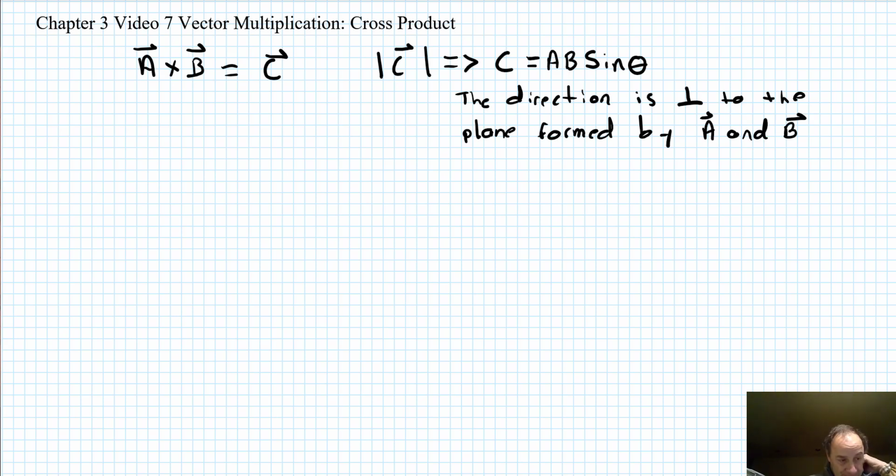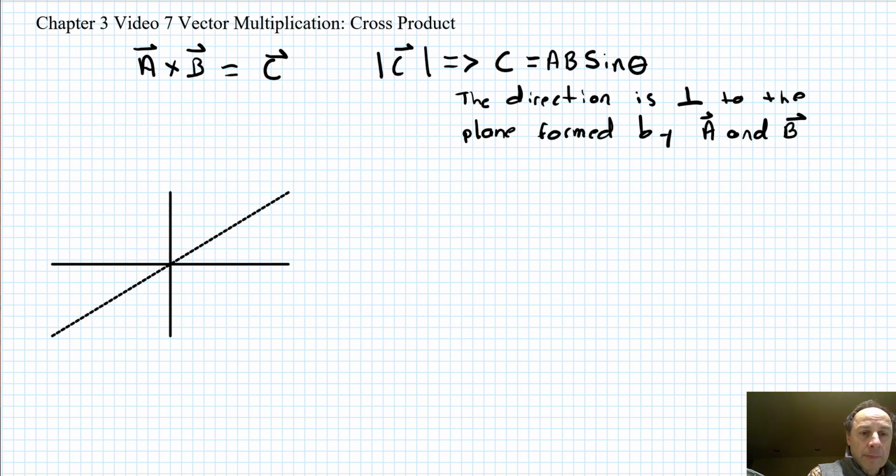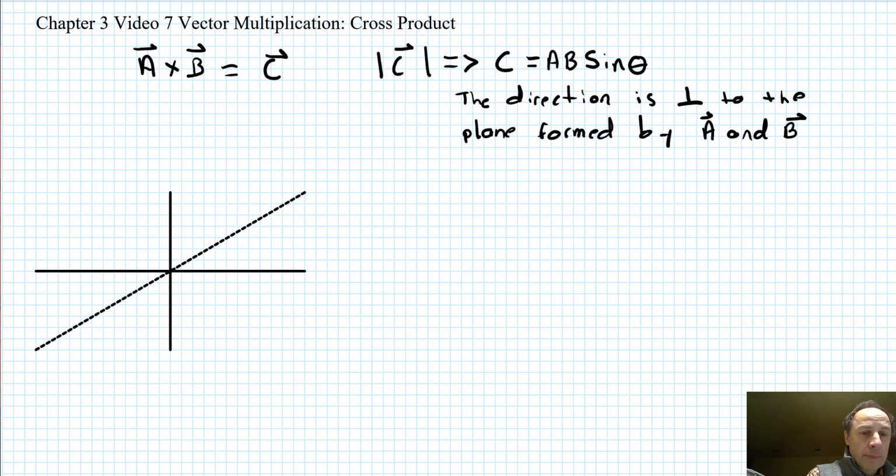All right, so let's look at that. So if we have, let's call this vector A here.